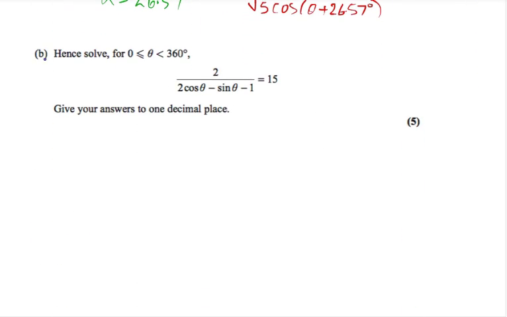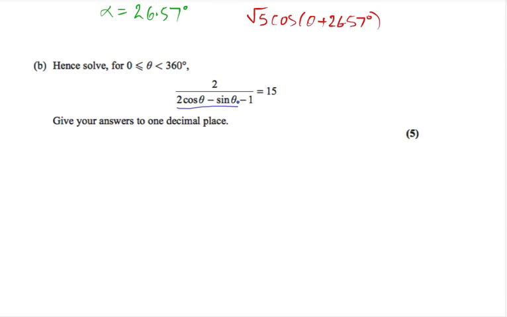Part B says, hence solve for theta between 0 and 360 degrees this equation, giving your answers to 1 decimal place. We need to notice that this part of the equation is what we had in part A, and we simplified it to get the answer we wrote in red.